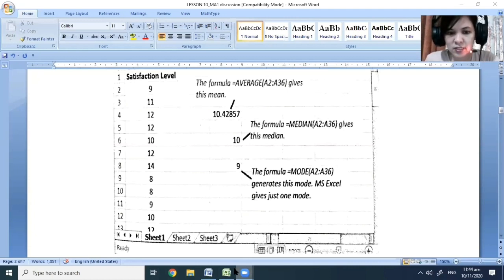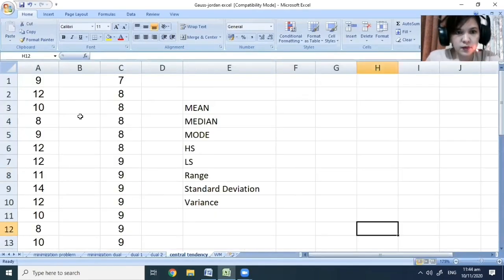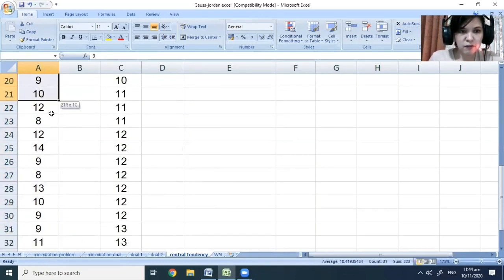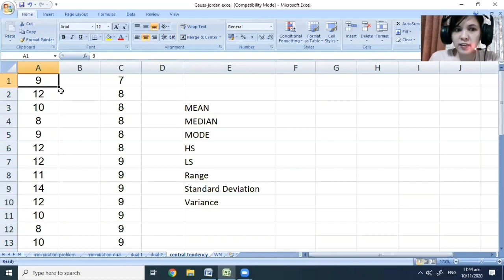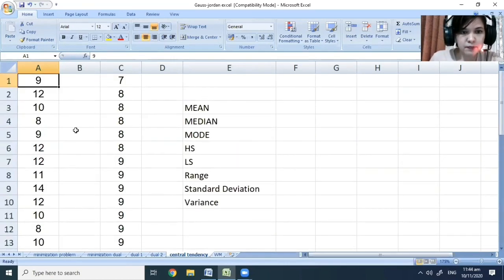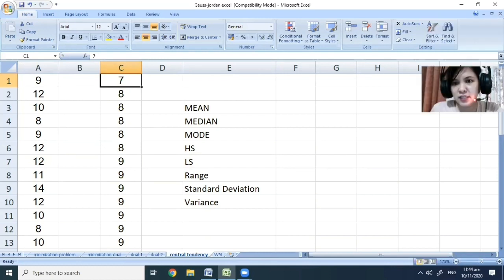Let us show this in actual using MS Excel. So, we have here our 35 satisfaction level ratings of people. It's written from cell A1 to A35. Then, after that, in cell C1 to C35, I arrange them from highest to lowest using this one, sort filter.